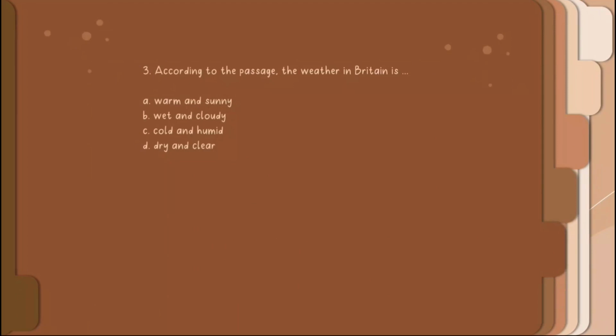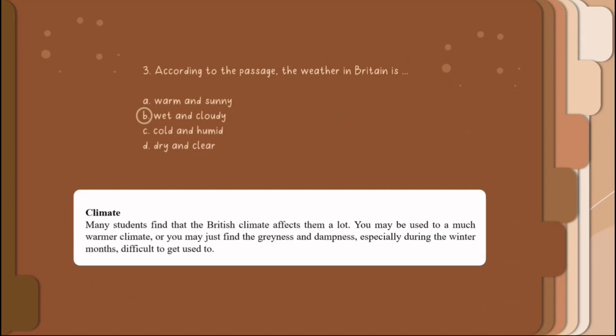Question number 3 is also a supporting idea question. So the answer is B. So you can see in this sentence, the grayness is synonymous to the word cloudy and the dampness is synonymous to the word wet.